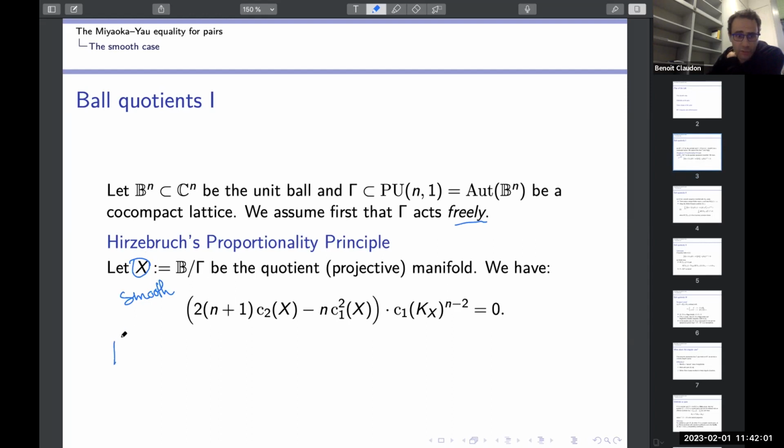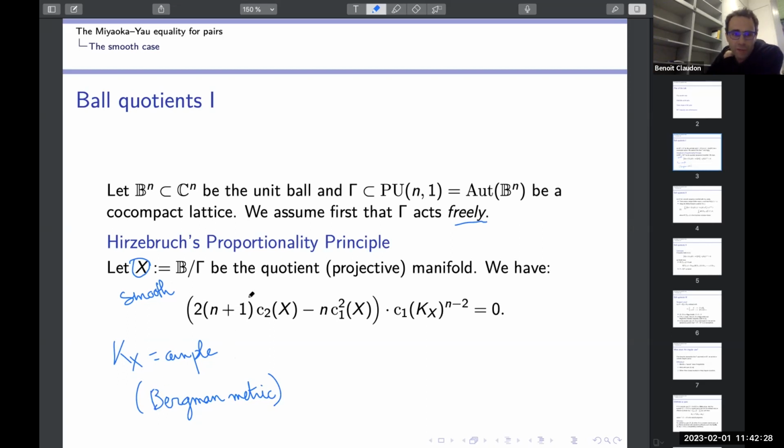And actually K_X is ample. For instance, it comes from the fact that the Bergman metric is invariant under Gamma, and so it gives a metric with positive curvature on this line bundle.